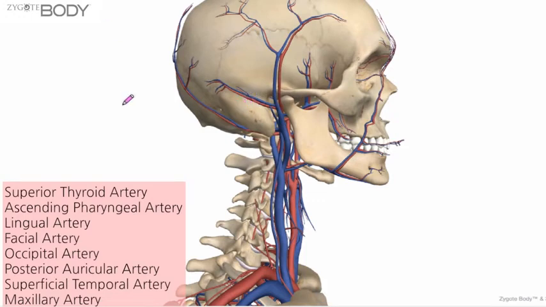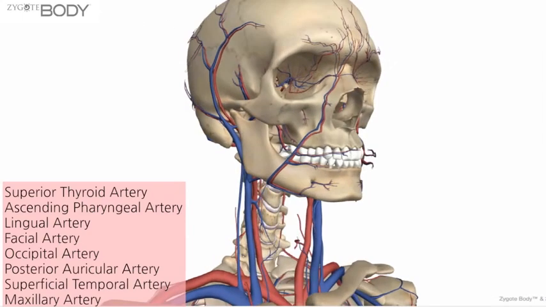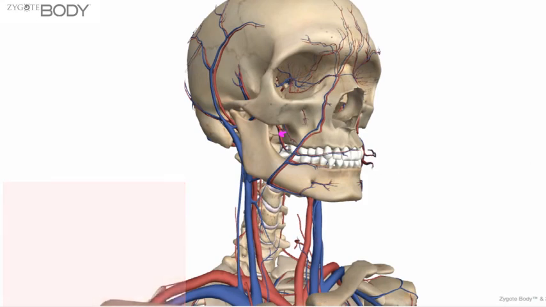And then S standing for the superficial temporal artery, which you can see rather clearly over here, the superficial temporal, and finally M standing for the maxillary artery, which we can just about see over here in our model. There we go. And those are the branches of the external carotid.